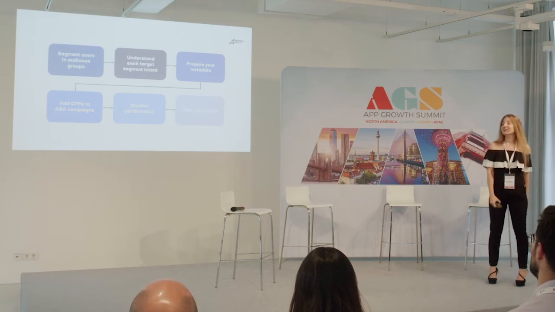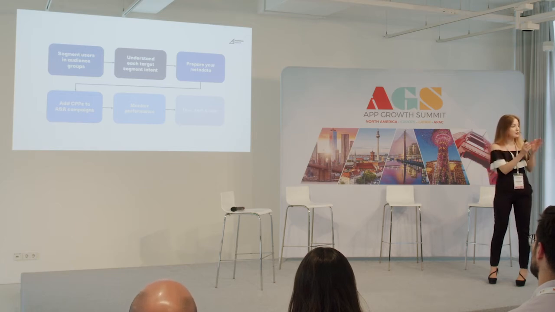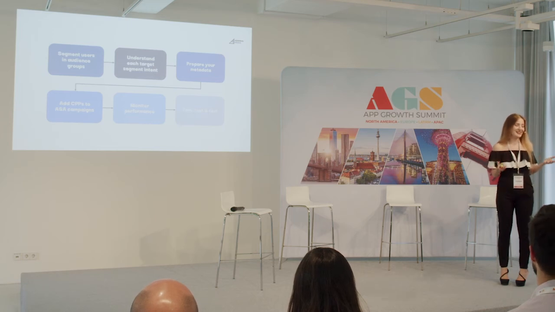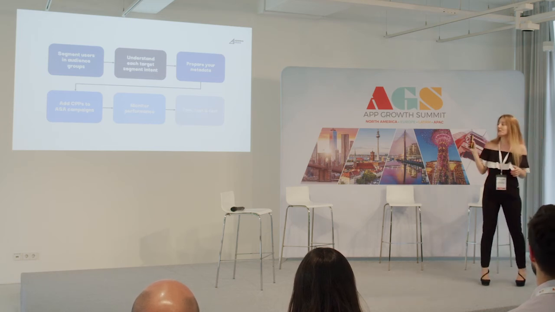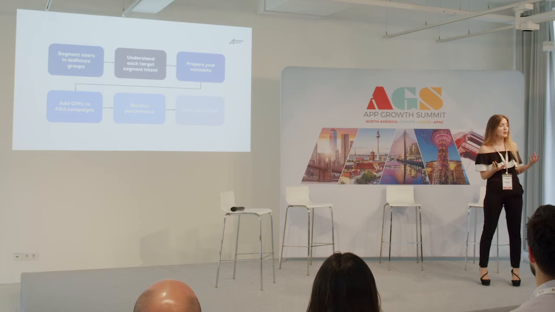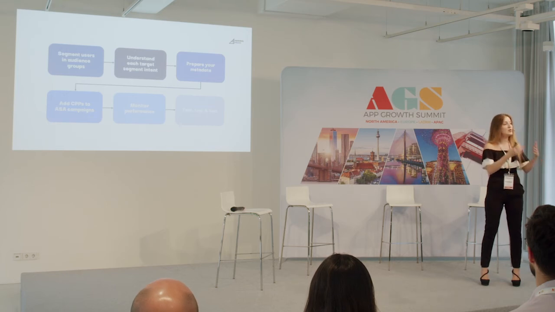Last but not least, if we want to test different creatives and messaging for the same user group, then we need to, as with everything else in marketing, test that. The interesting point is that currently on Apple, the custom product page is added at the ad group level, and we can only test one custom product page at a time, meaning that you need to pause one if you want to launch another.